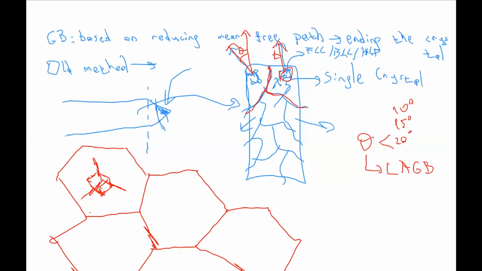We might have a different orientation, and the unit cell could be this way around. So each grain has the same orientation and the same crystal structure.